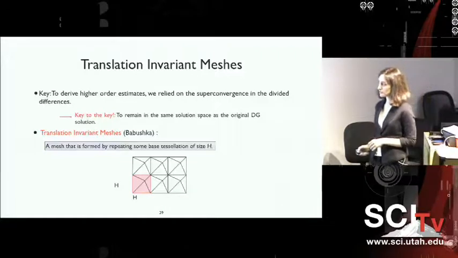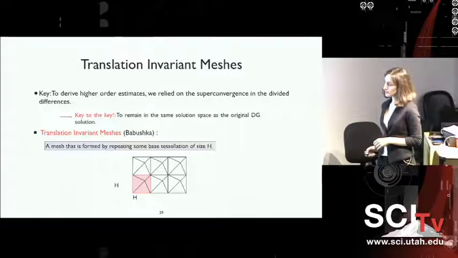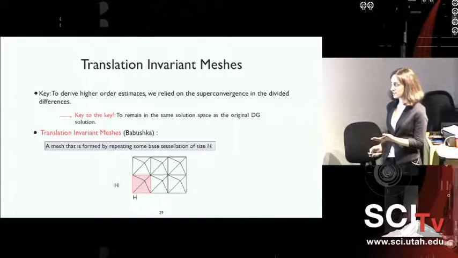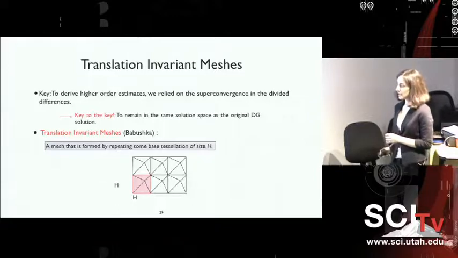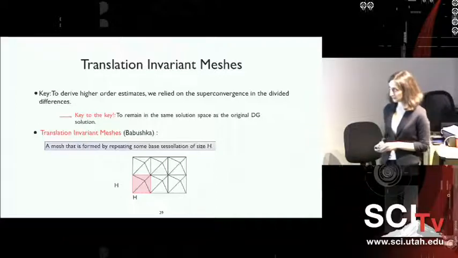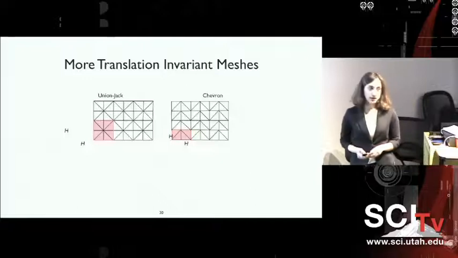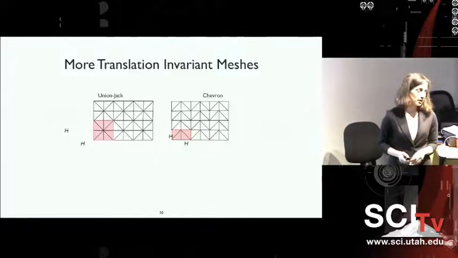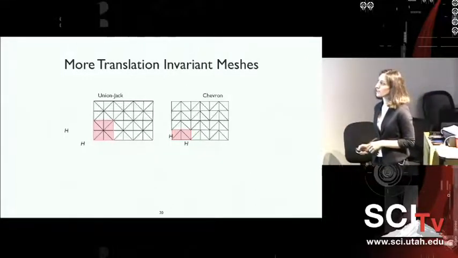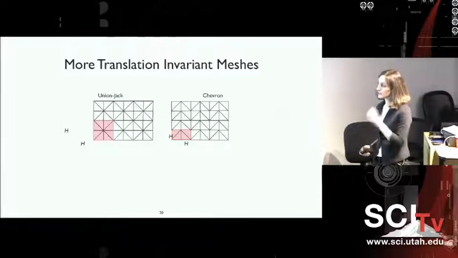For example, in this mesh, if this is my base tessellation and of size h, by repeating this, I get this mesh that is translation invariant, meaning that if I translate it with size h in each of these directions, I will get the same mesh back. Two more common types of translation invariant meshes in finite element domain are the Union Jack mesh and the chevron mesh. And in each of these, I have highlighted the base tessellation in red.